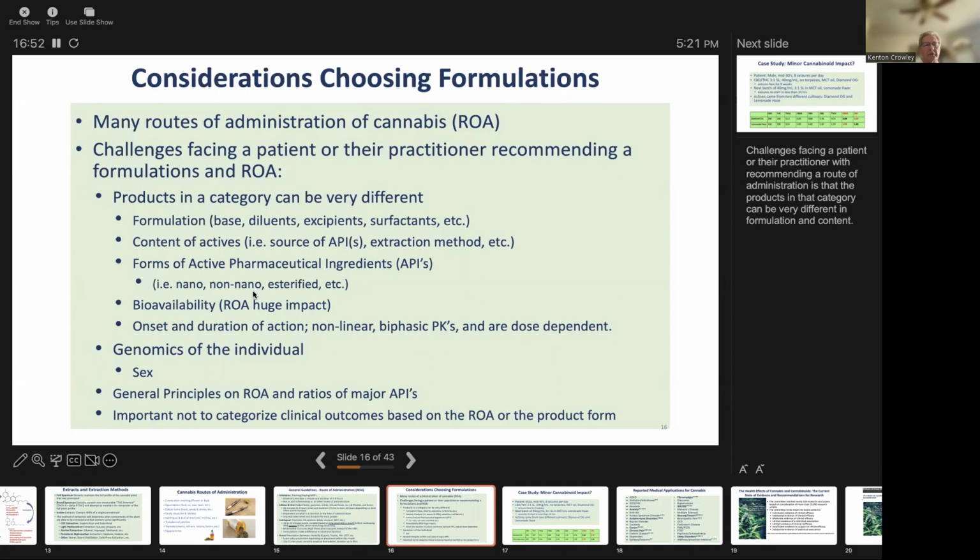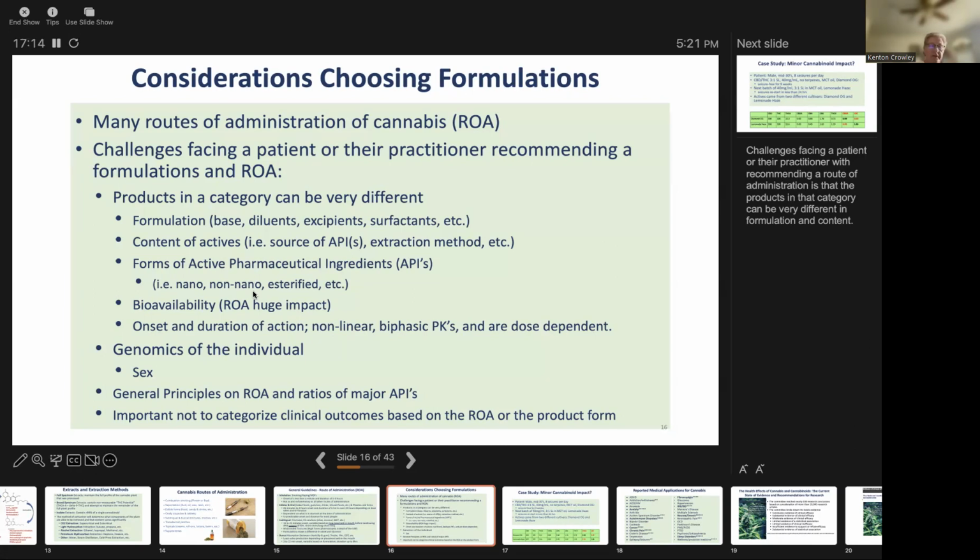Onset of action is nonlinear for cannabis. It's biphasic and it's dose dependent. So it's a real challenge unless you follow some of the rules that we'll talk about in a second.